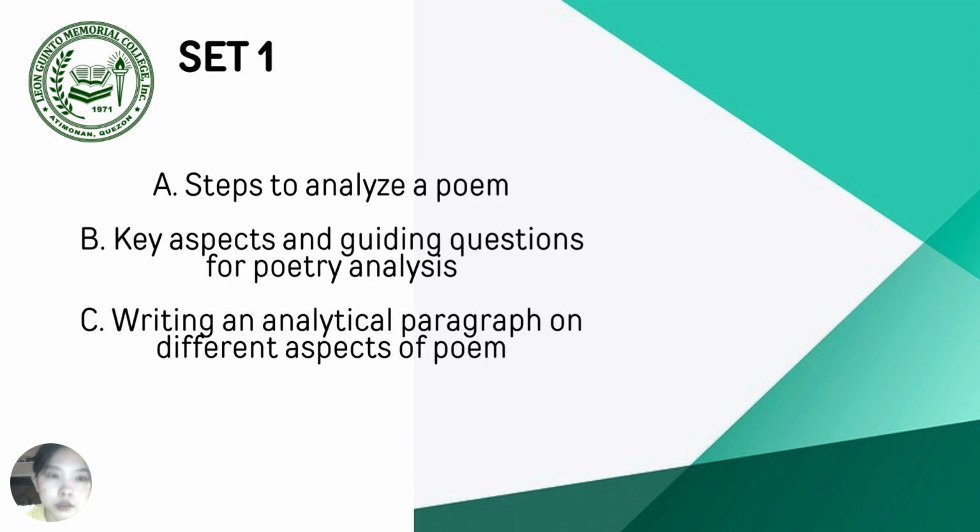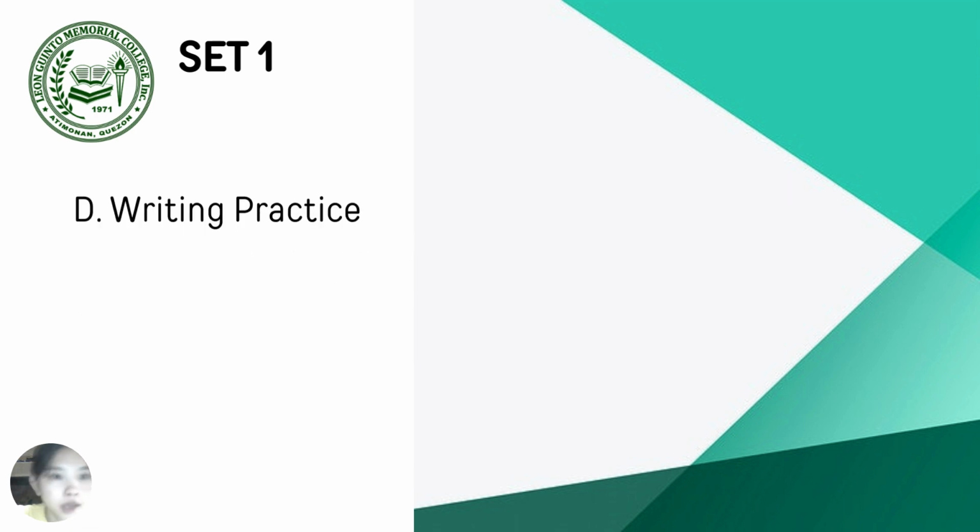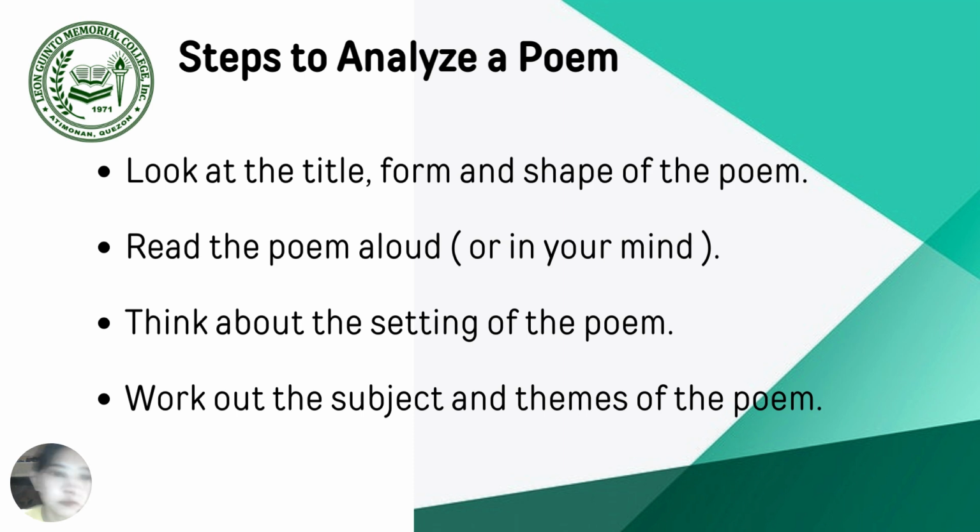In set 1, it includes the steps to analyze a poem, key aspects and guiding questions for poetry analysis, writing an analytical paragraph on different aspects of poem, and writing practice. So, here are the steps to analyze a poem. First is look at the title, form and shape of the poem.